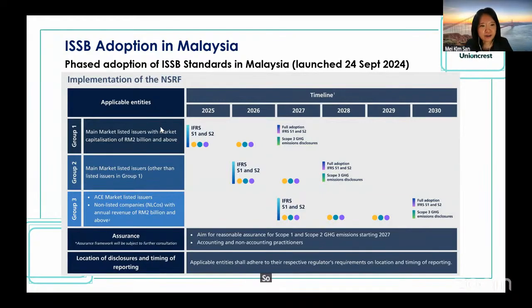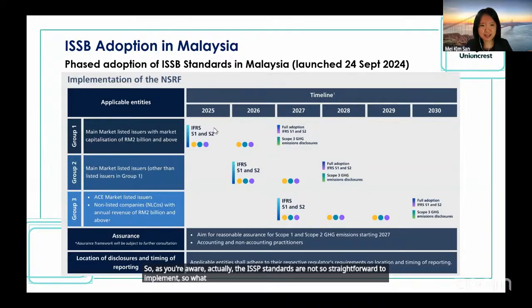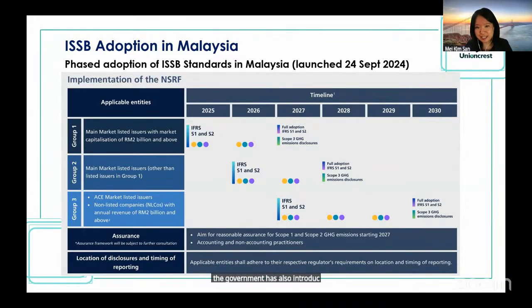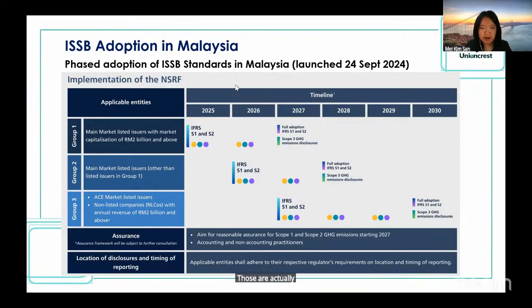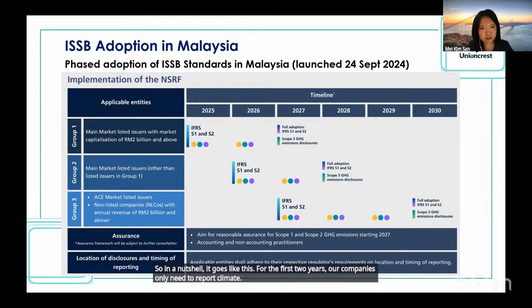As you're aware, the ISSB standards are not so straightforward to implement, so the government has also introduced a set of reliefs. The three little dots here, the yellow dot, turquoise, and purple, are the reliefs. In a nutshell, for the first 2 years, our companies only need to report climate, IFRS S2.